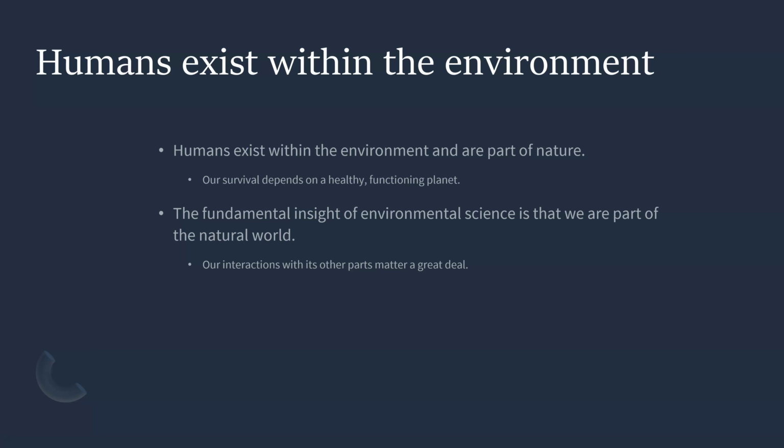And our survival depends on a healthy, functioning planet, which is why the environment and environmental science is very important, because if our planet is not functioning and healthy, we cannot survive. Okay. So the fundamental insight of environmental science is that we are a part of the natural world. So we cannot forget that we are part of this whole cycle of the environment on Earth.